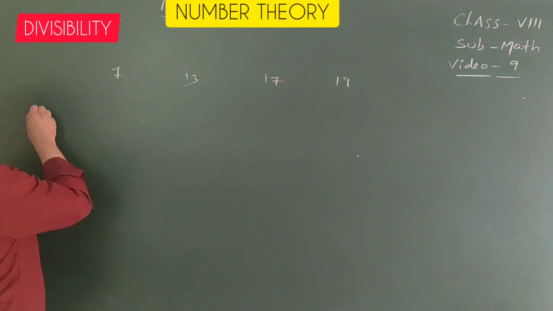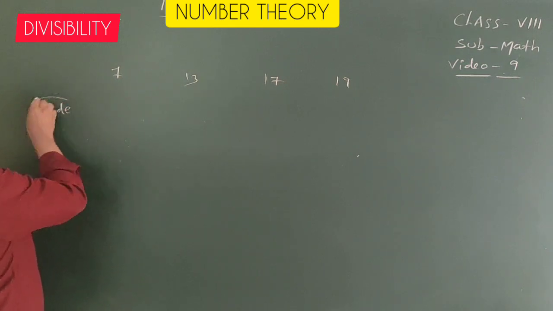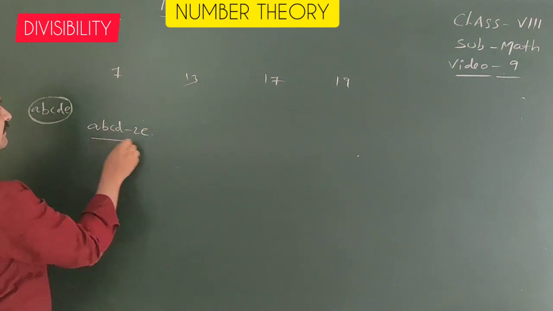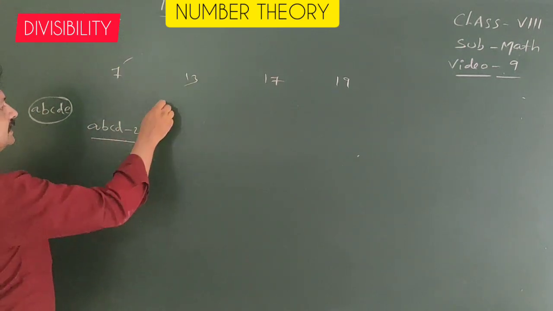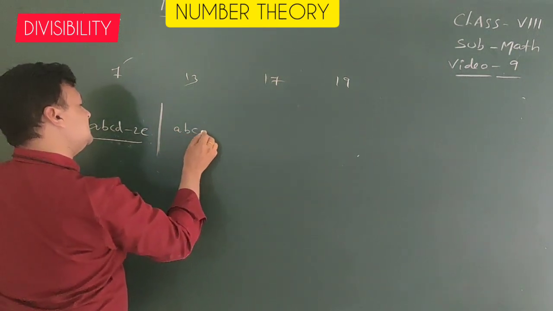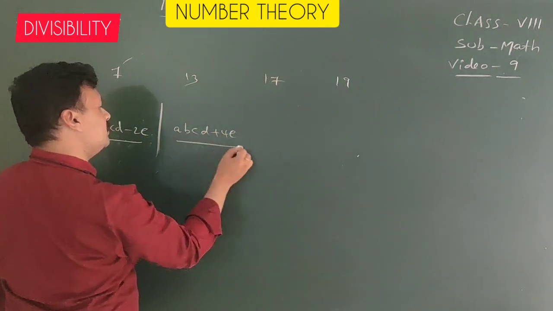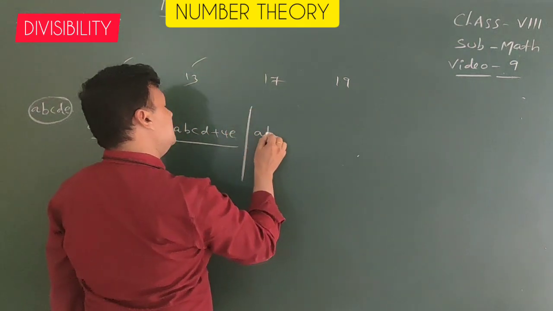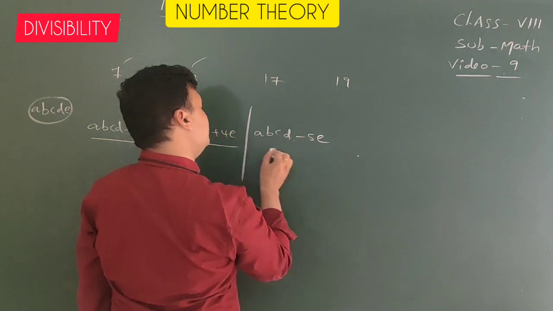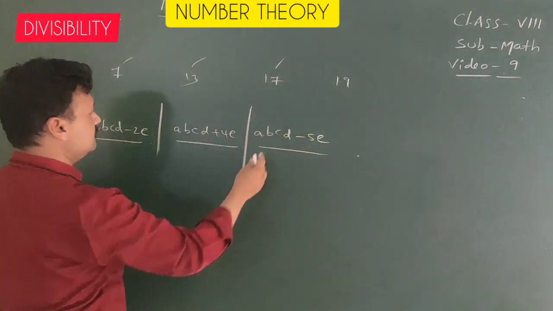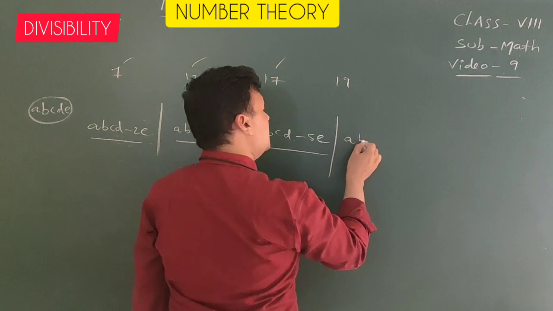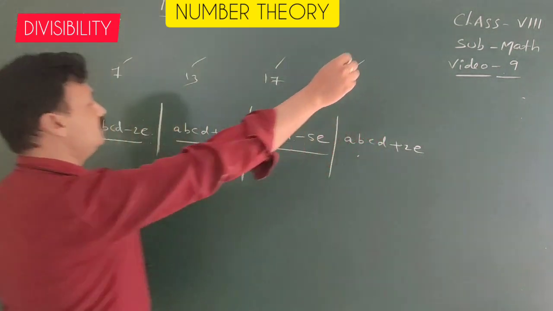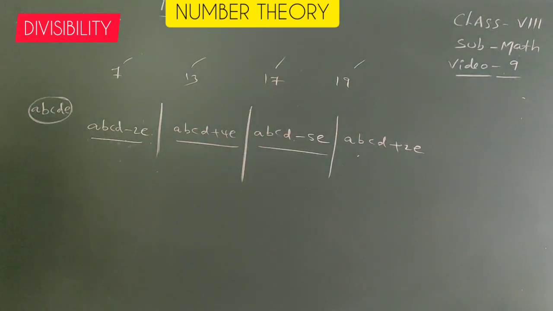For 7, ABCD minus 2E is divisible by 7, then the number is divisible by 7. Here ABCD plus 4E is divisible by 13, then it is divisible by 13. Here ABCD minus 5E is divisible by 17, the number is divisible by 17. For the last one, ABCD plus 2E is divisible by 19, the number is divisible by 19.